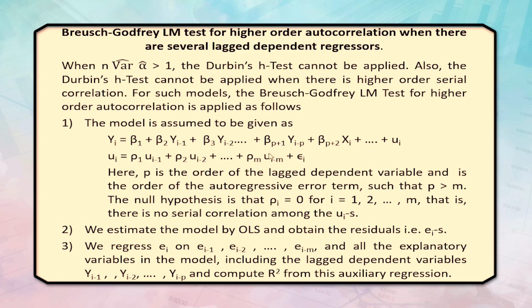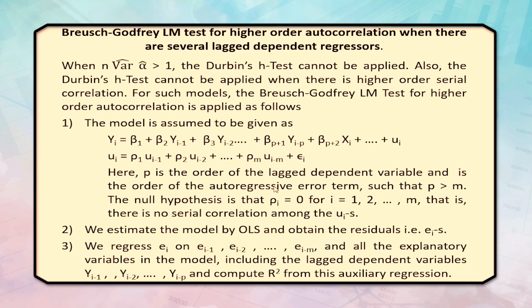Since we have p lags, we write the autoregressive scheme of ui as autoregressive of order m: ui minus 1, ui minus 2 up to ui minus m, and we assume that p is greater than m.